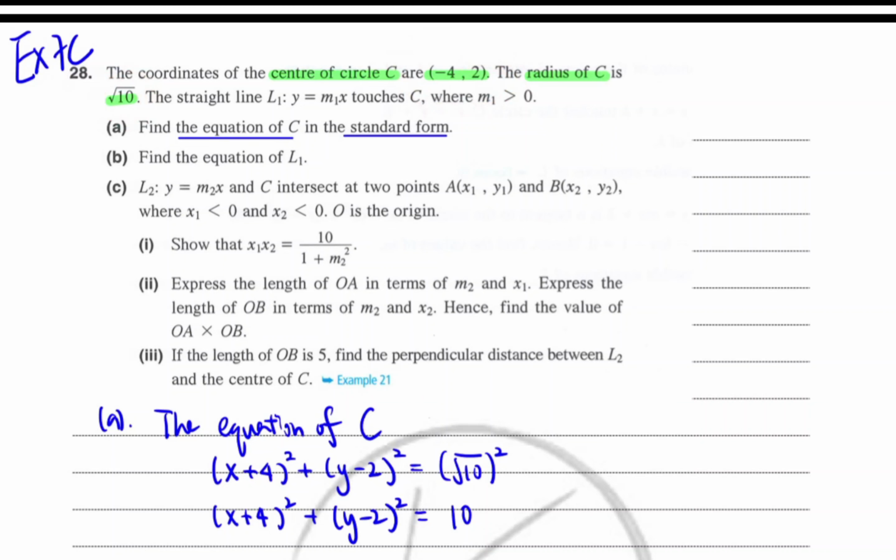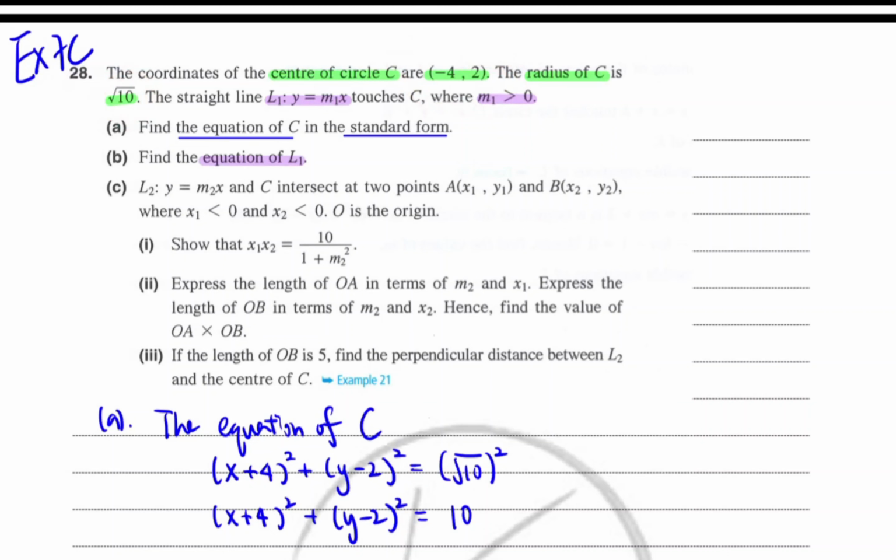Part B asks you to find out the equation of L1. You know that the straight line L1 is y = m1x, and m1 will be larger than 0.